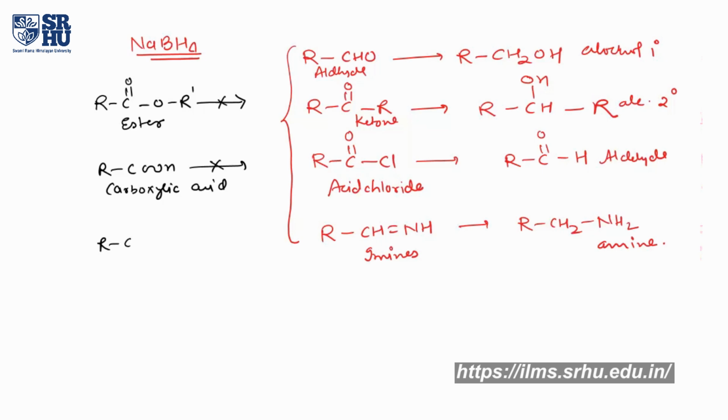Sodium borohydride can also not reduce an amide. Sodium borohydride is also not able to reduce a carbon-carbon double bond, which is alkenes. So these organic compounds are not reduced by sodium borohydride. As you have now understood, sodium borohydride is very weak compared to lithium aluminium hydride, so it is not capable of reducing these functional groups.